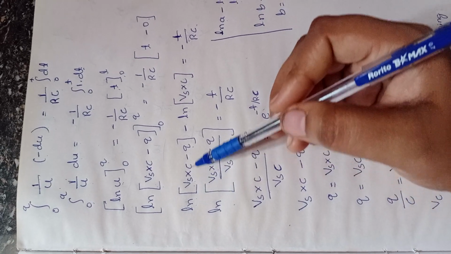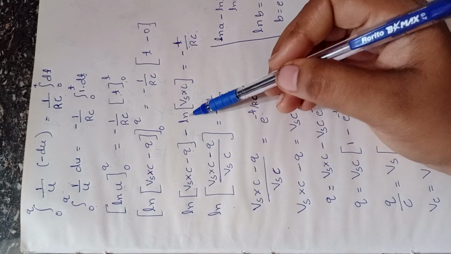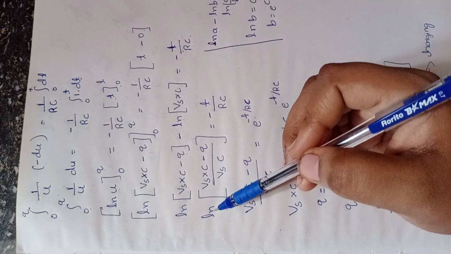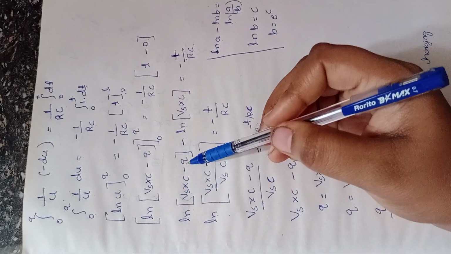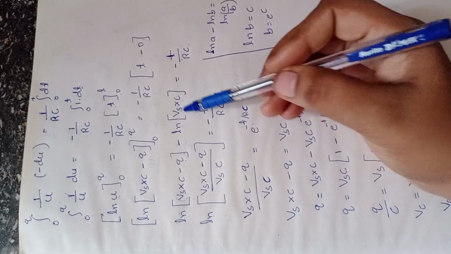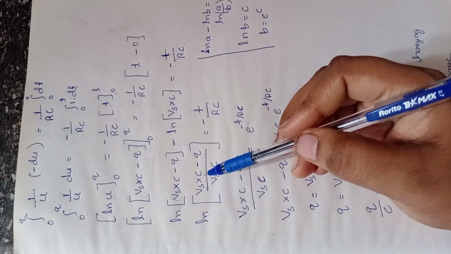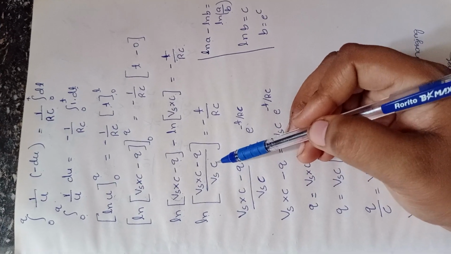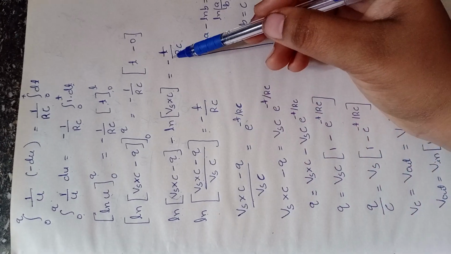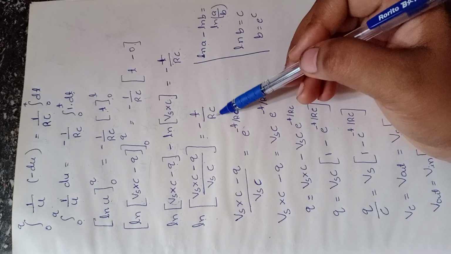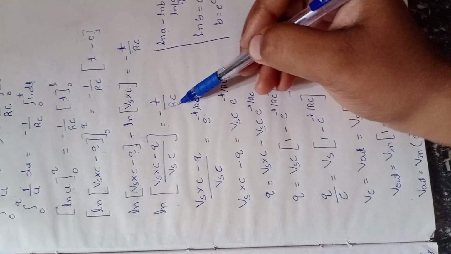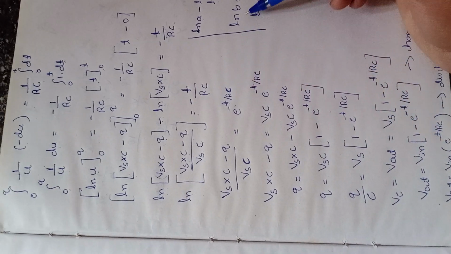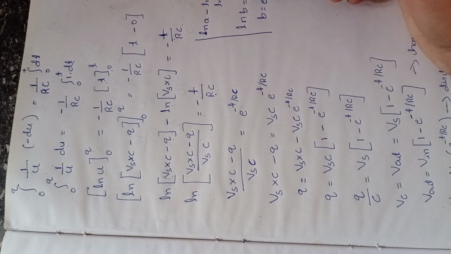Ln of Vs into C minus Q minus ln of Vs into C becomes ln of A by B. So ln of Vs into C minus Q divided by Vs into C is nothing but minus t by RC.